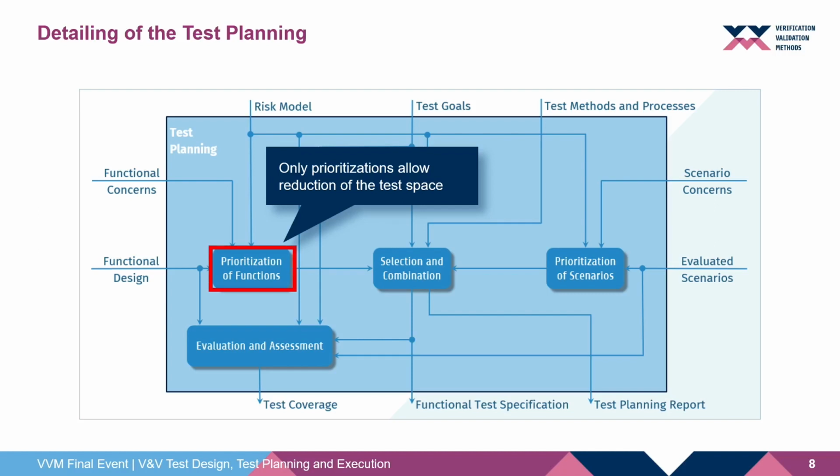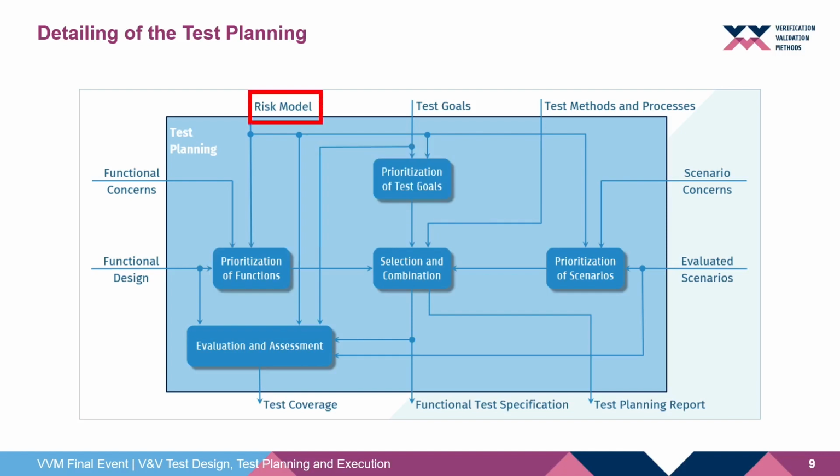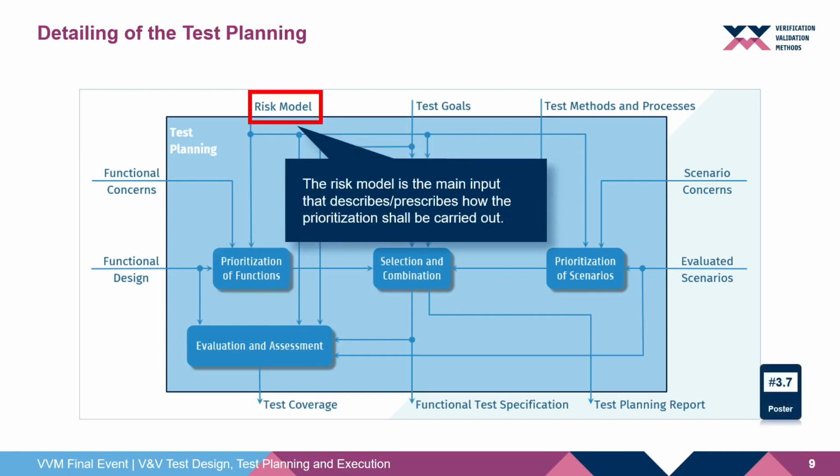And these prioritizations, for example here, of the function mainly come from the risk model, because the risk model, as you may remember from the anti-assurance framework, breaks down the safety goals, for example, and these safety measures must somehow be budgeted down to the different functional design elements.